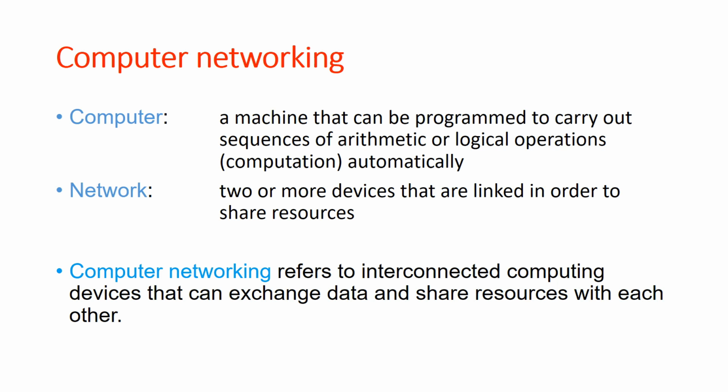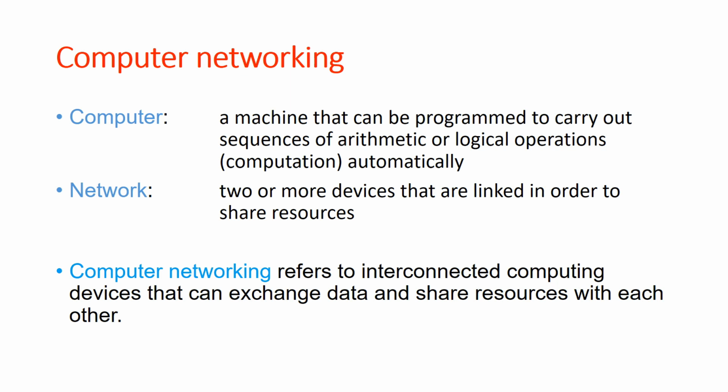We have a network, and a network refers to two or more devices that are linked in order to share resources. So in a network, there has to be a link or an interconnection between two or more devices, with the purpose of sharing resources.